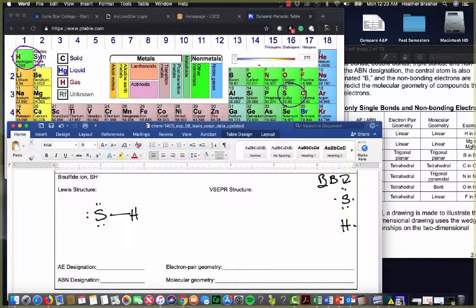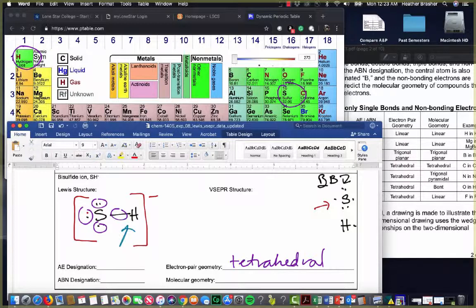So we're going to add an electron here, and since we're adding a negative charge, he's going to be negative. Now we look at our centralized atom, which is the one that can form the most bonds, which is him, right? And so when we do 1, 2, 3, and 4, it's tetrahedral, but he's only bound to one thing.